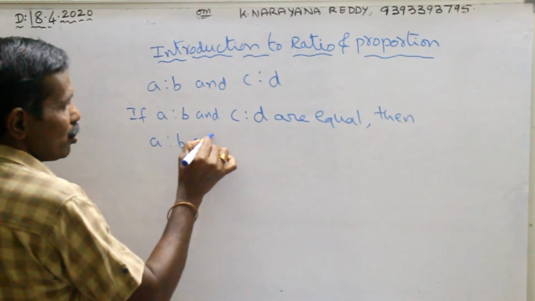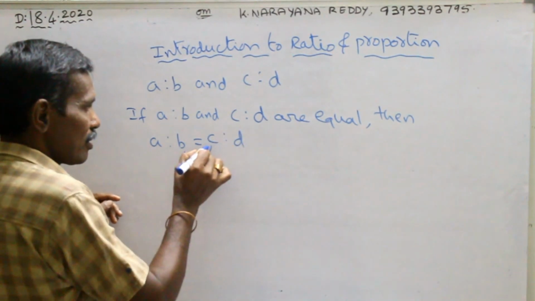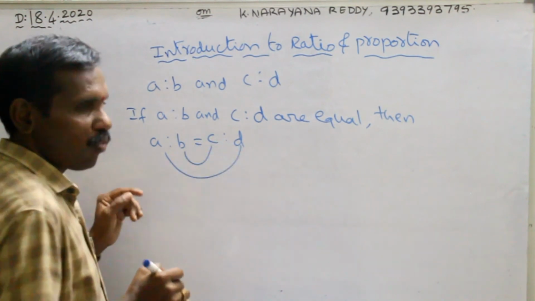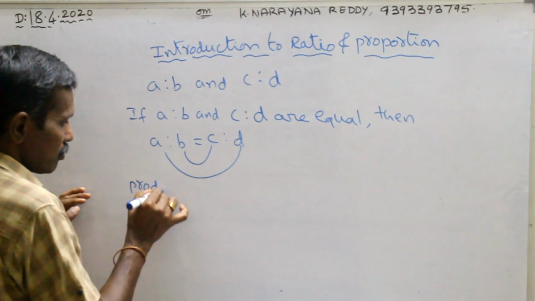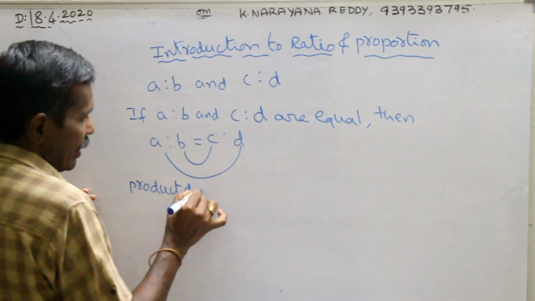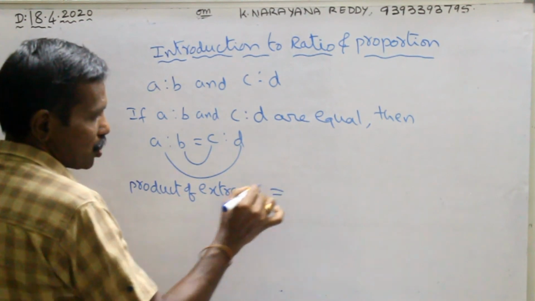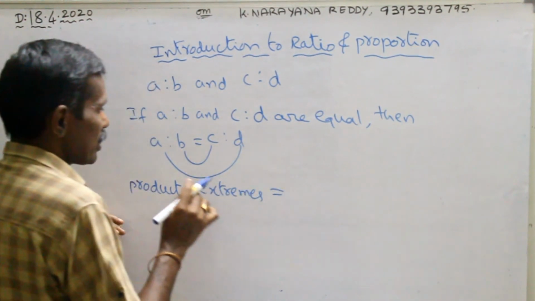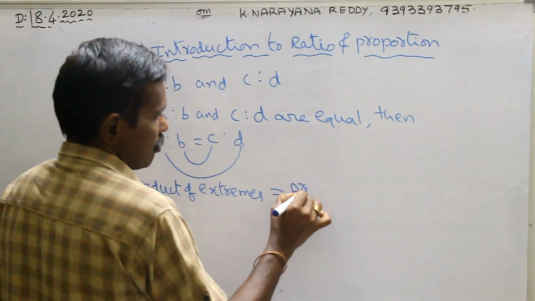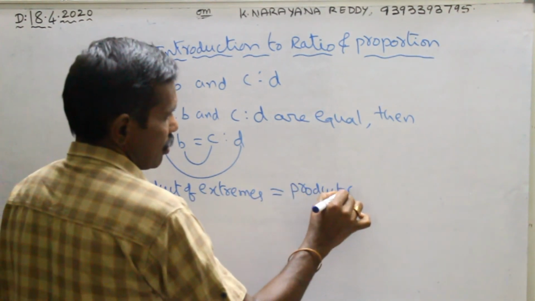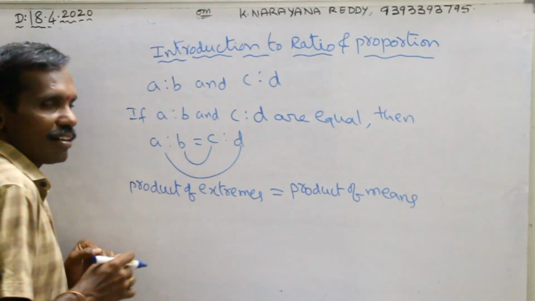A is to B equals to C is to D. Yes? What is this? Product of extremes equals to, what are extremes? A and D are extremes. Product of means. What are means? B and C are means.